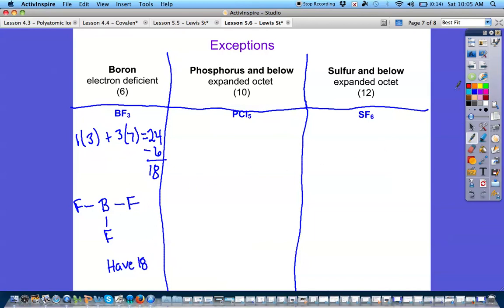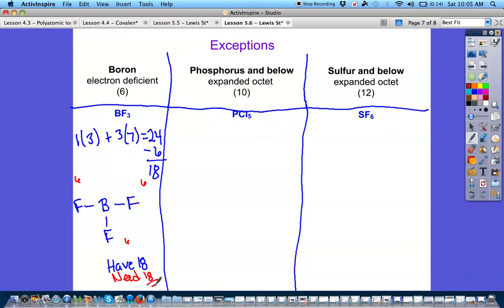Let's go and see how many do we need. Well, each of these fluorines is going to need 6. So that's 18. And we know that sometimes boron can be electron deficient and only have 6. Well, it has 6. So we have 18. We need 18. We are good.